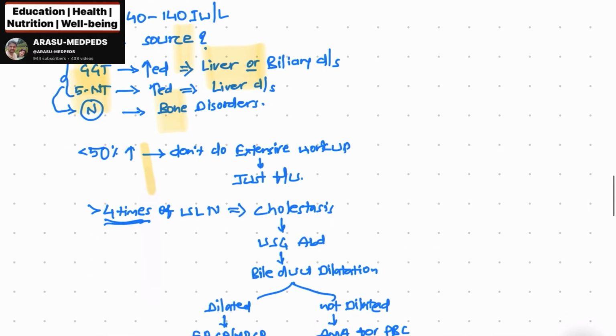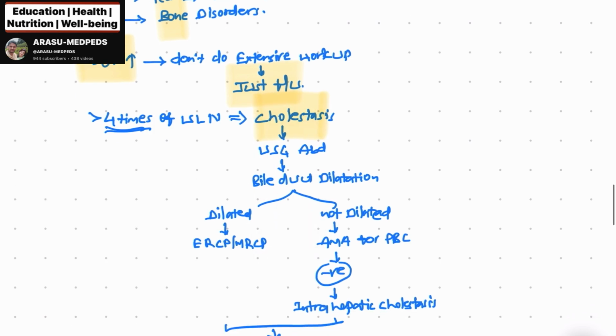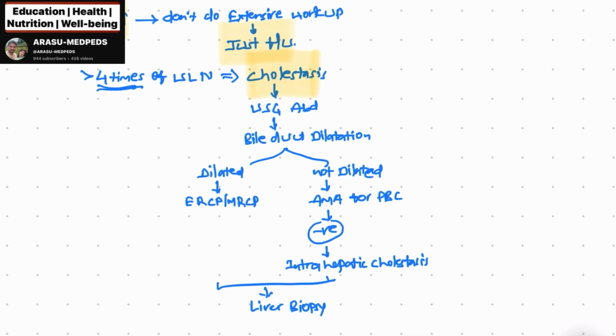And when it is not elevated significantly, don't do extensive workup. Just it requires follow-up. But when there is more than 4 times elevation, then we have to consider cholestasis. So the further workup will be to find out is there any duct dilatation through ultrasonography. If it is dilated, do further workup using ERCP, MRCP. If the duct is not dilated but still we are considering cholestasis, we have to send for AMA levels for primary biliary cirrhosis.